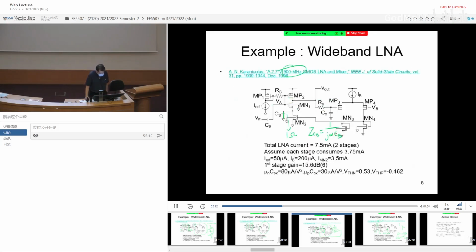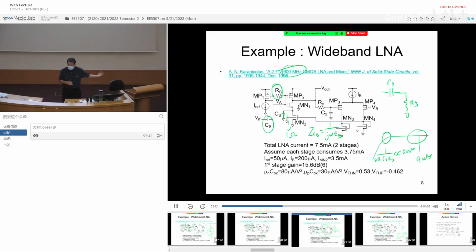Now, this CS and RB actually form a high-pass corner. If you think carefully, this is CS and this is RB, so this is actually a high-pass filter. Your band of interest is at 900 meg. So as long as you pick CS and RB such that 1 over CS RB divided by 2 pi is much, much smaller than 900 megahertz, you're okay, right?